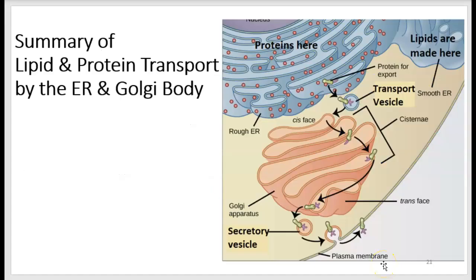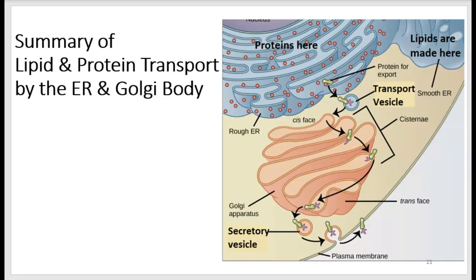So in summary, the rough ER and smooth ER have certain functions related to the functions of the ribosomes and the Golgi body. If we look at the diagram in the upper right corner, notice that the smooth ER without ribosomes is where lipids are made.